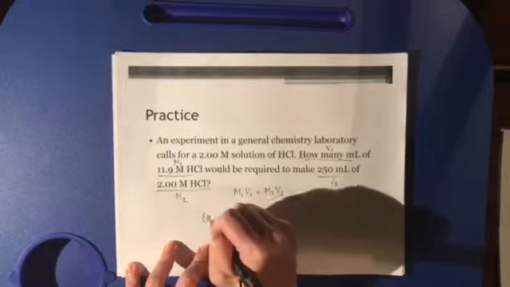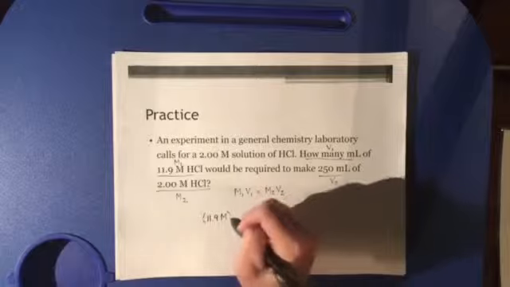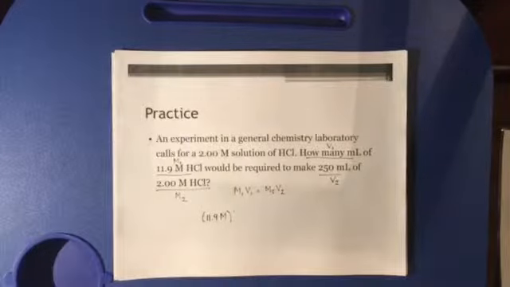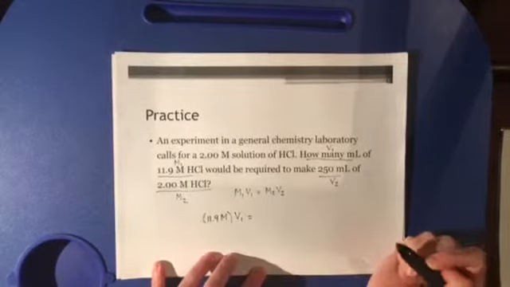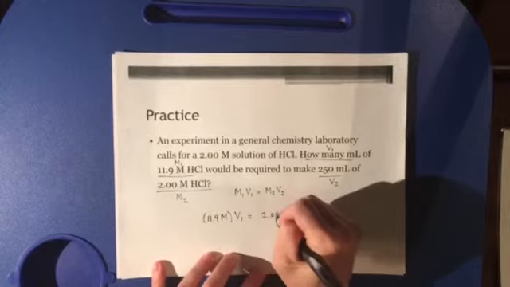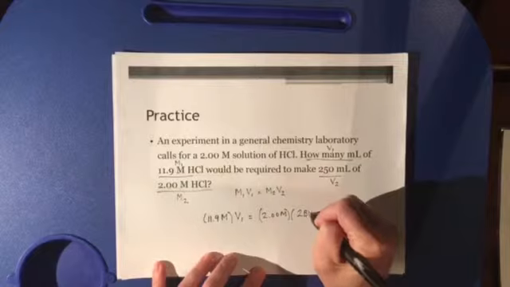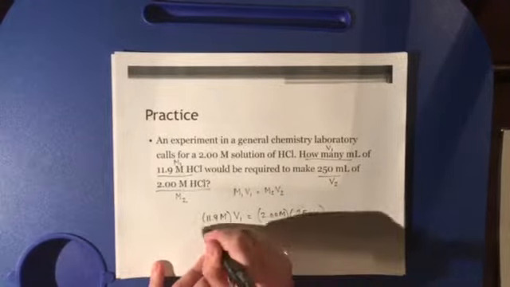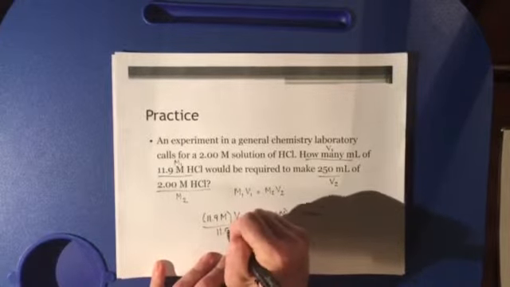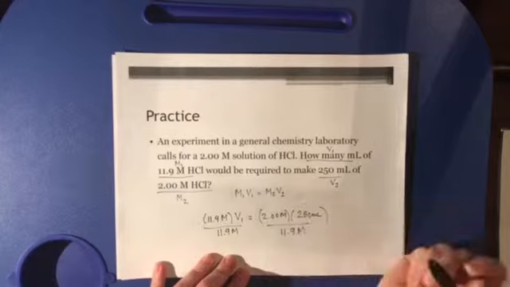So we've got 11.9 molar times our V1 is equal to 2.00 molar times our V2, which is 250 milliliters. So we're first going to divide by 11.9 molar.